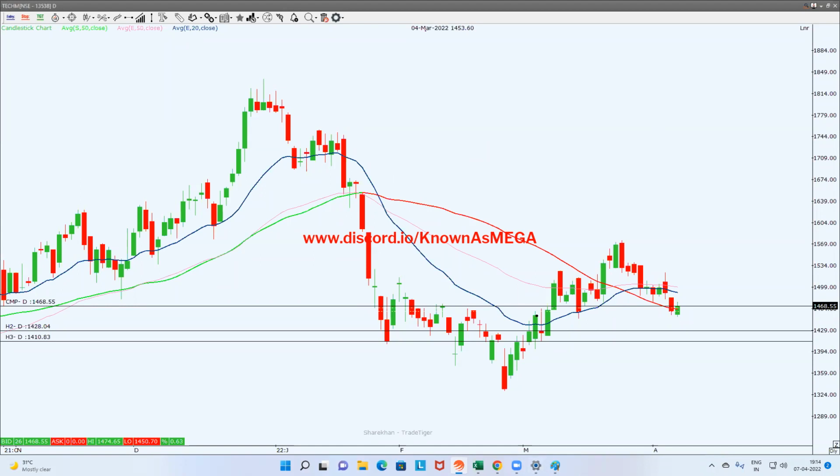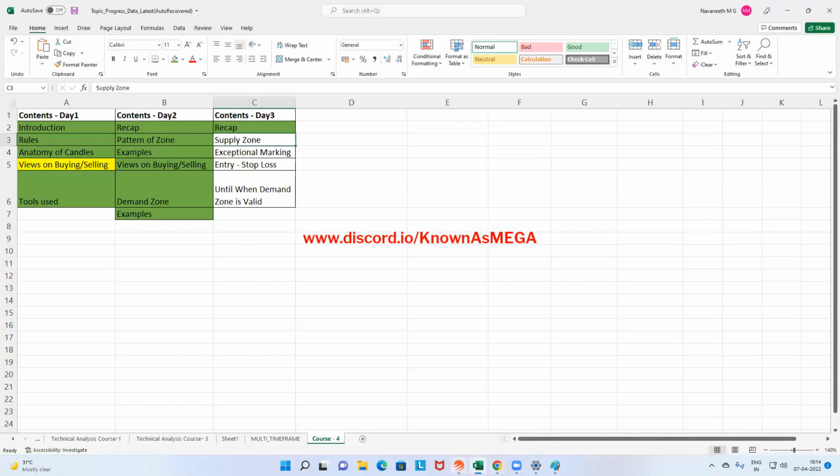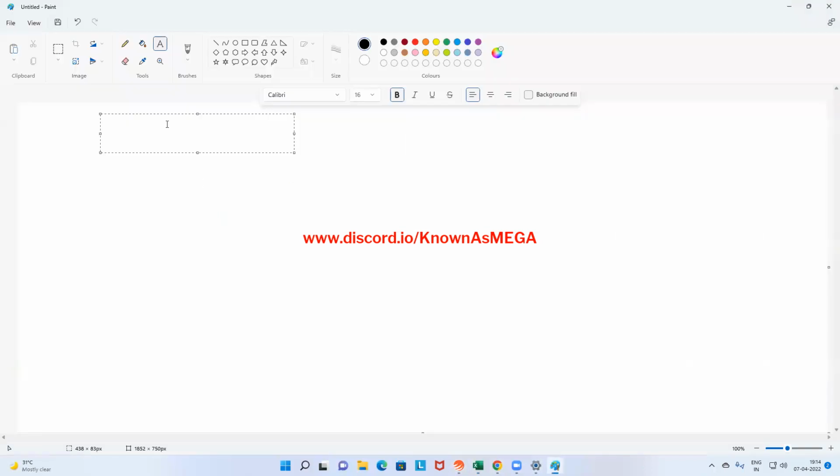Okay, where were we? Supply zone. Supply zone is one area where we focus on how the stock falls, I mean, when there is a downward movement.